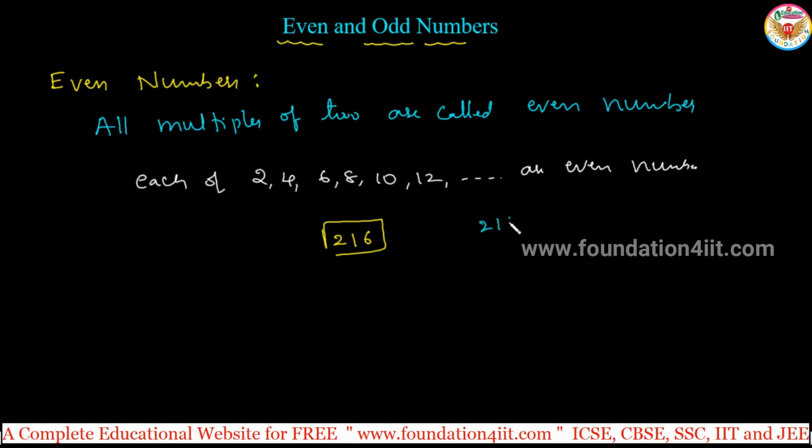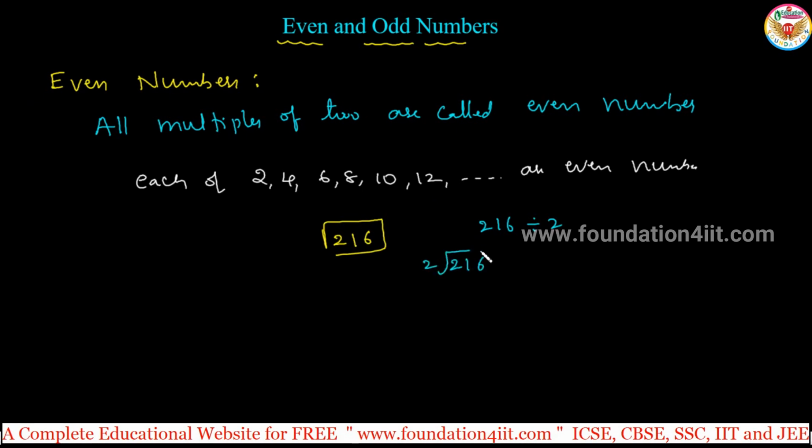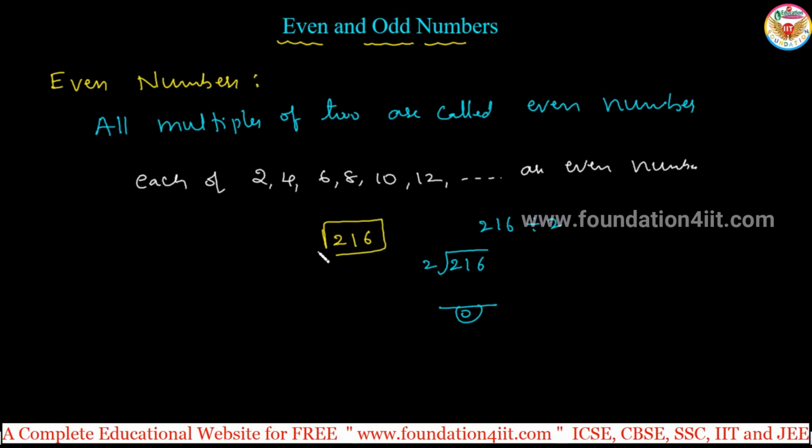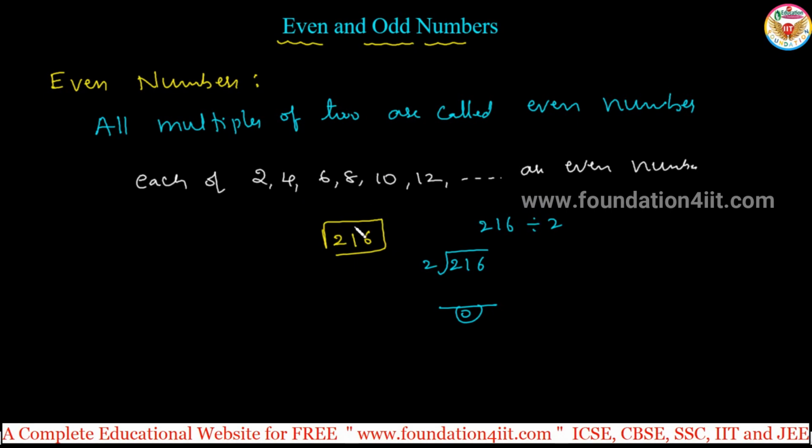If you divide 216 by 2, you'll get remainder 0, that means it's perfectly divisible. So one sentence we can conclude: every even number is divisible by 2, or 2 is a factor of every even number.